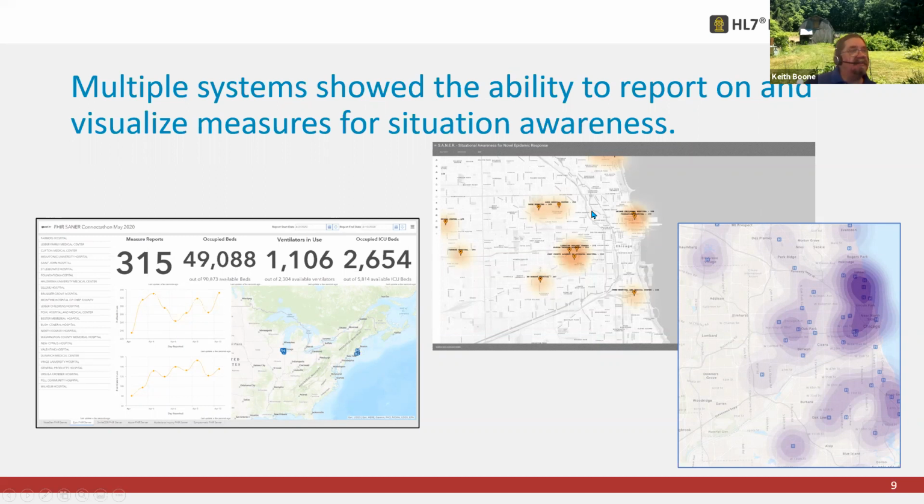In the middle here is an example coming out of Symptomatic, showing a heat map in the Chicago region, and a similar heat map also coming out of the Esri solution in that same general area, reporting on deaths in the region based on the measures that were given to both those systems. So you see the ability of multiple systems to report, and then multiple systems also being able to visualize based on the data.